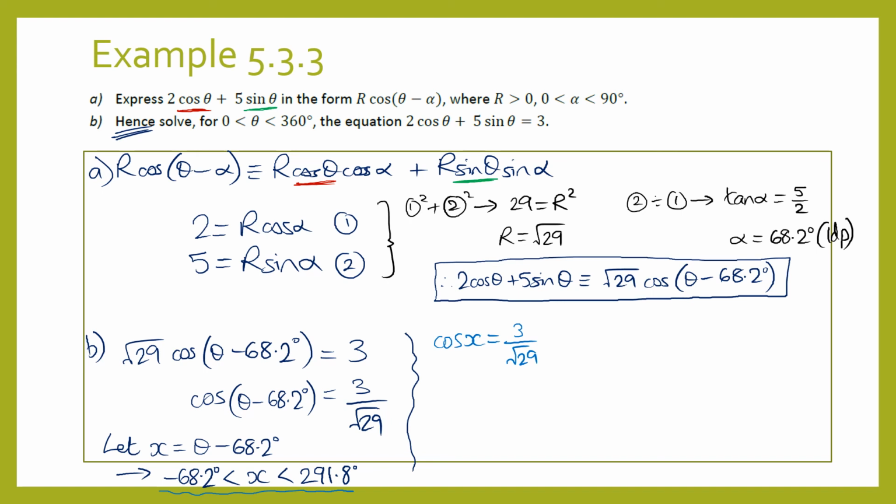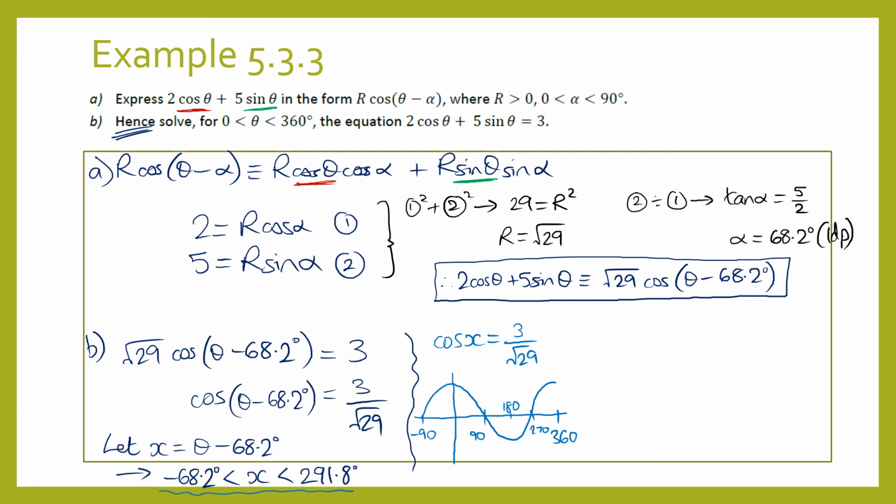A quick sketch of the cos graph, and I need to include some of the negative x-axis here. So I've gone all the way up to 360 and back to 90. So there's 90, there's 180, there's 270. Now I'm going to do inverse cos of 3 over root 29.